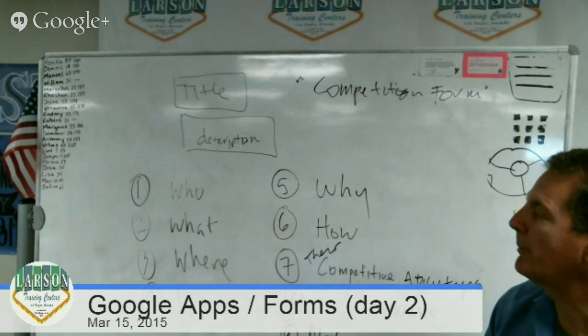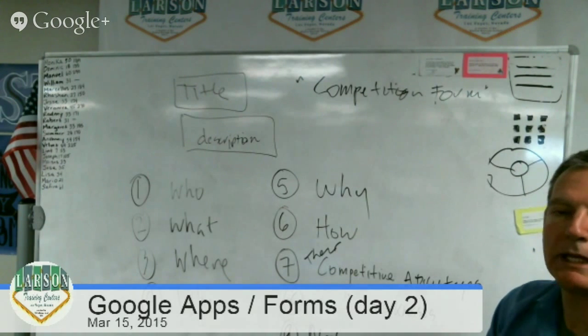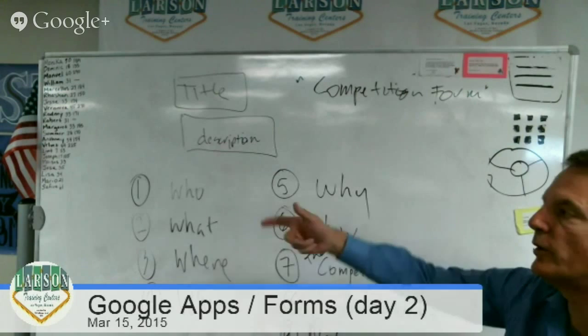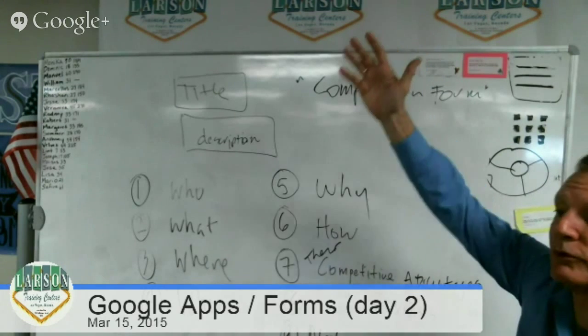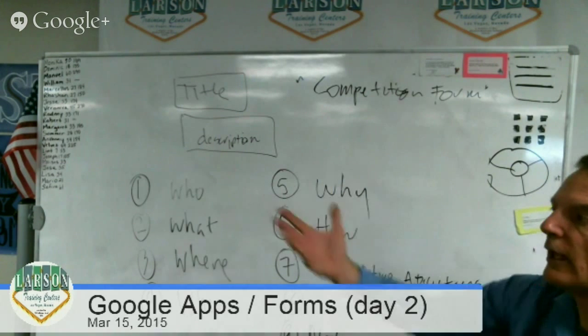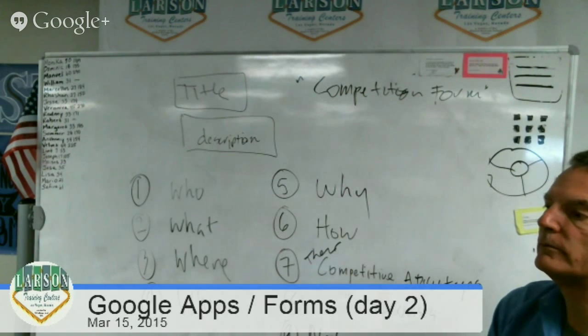So I would probably have this form on multiple pages, just because there could be 30 or 40 questions. If you go to a form and start scrolling down and see how long it's going to take, a lot of people won't start. If you have multiple pages, they don't know how long the form is.